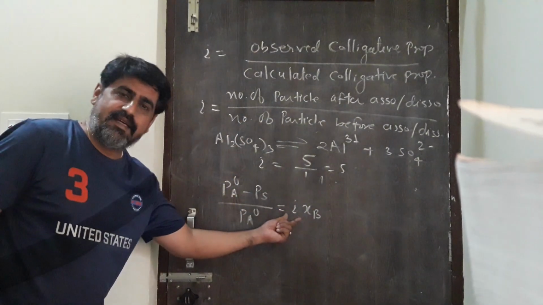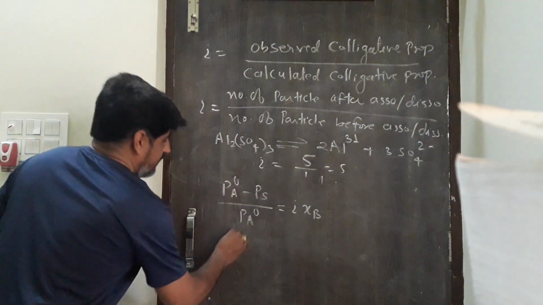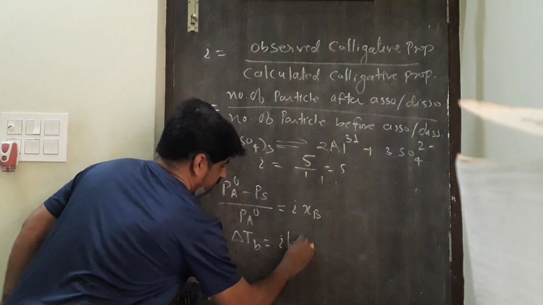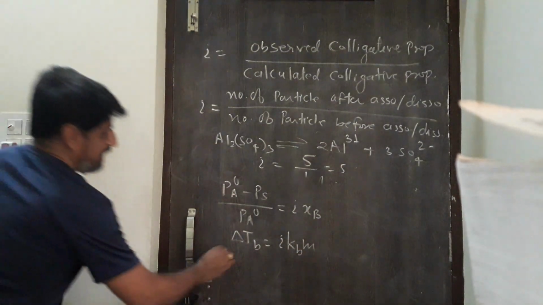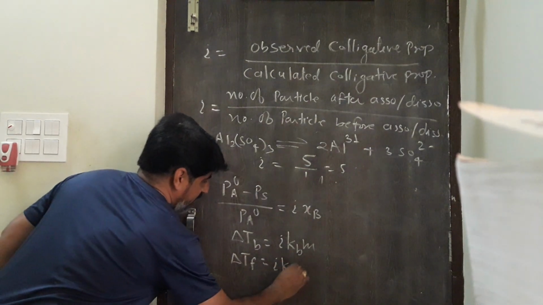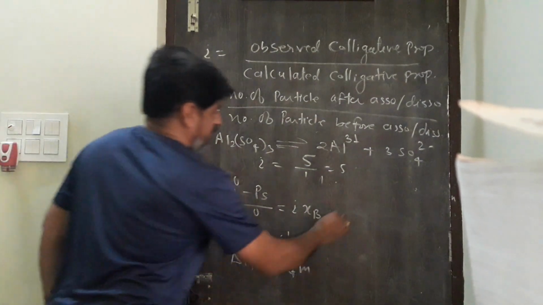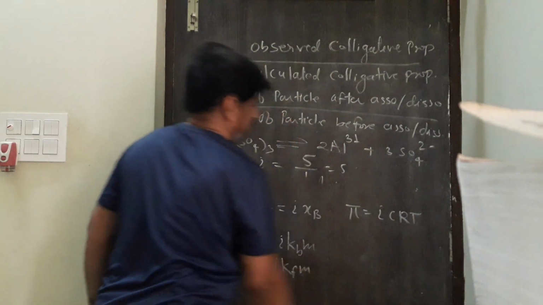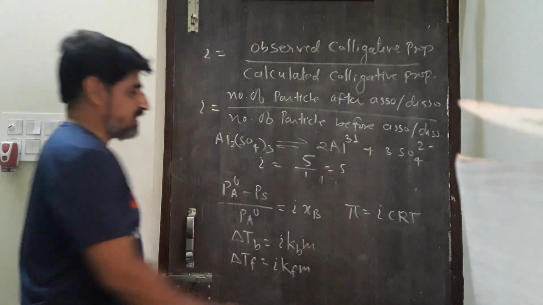I am just putting i here. Second one, delta Tb is equal to iKbm. Third one, delta Tf is equal to iKfm. And last but not least, pi is equal to iCRT. It's all about the chapter.